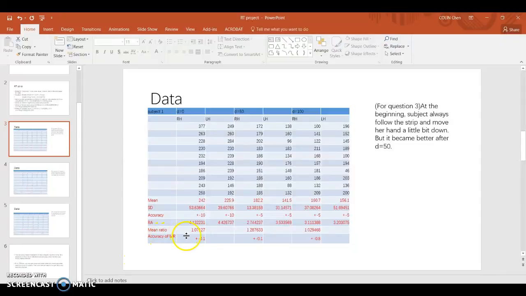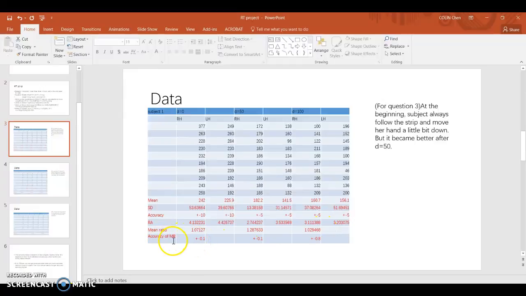For the mean ratio, I use the mean value for the right hand divided by the mean value for the left hand, and then get the ratio here.